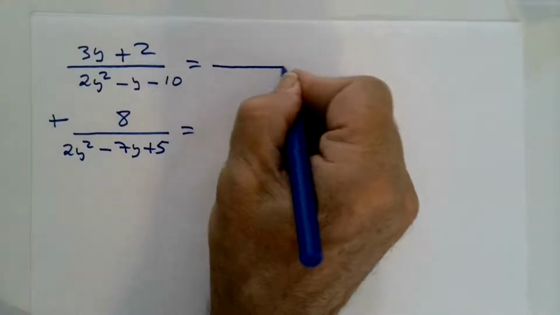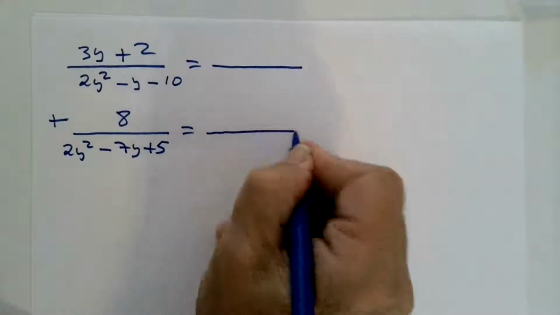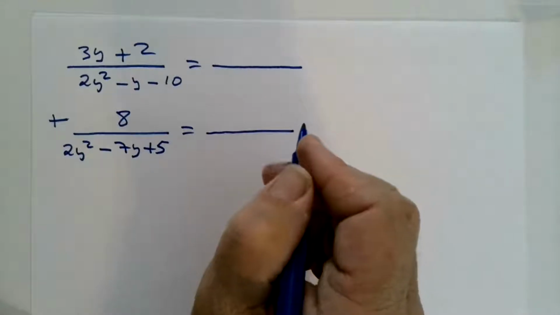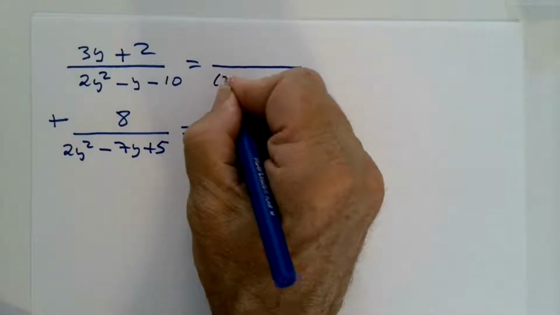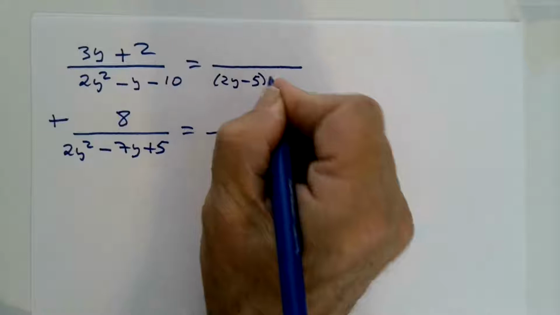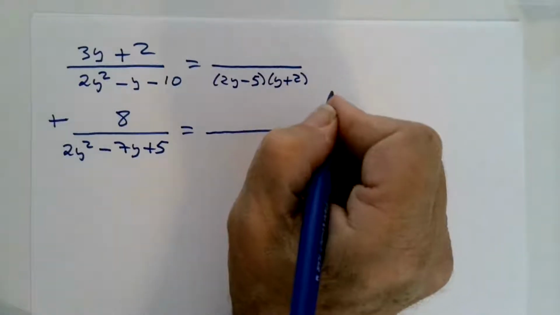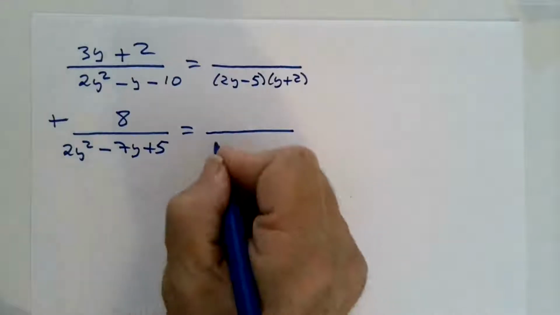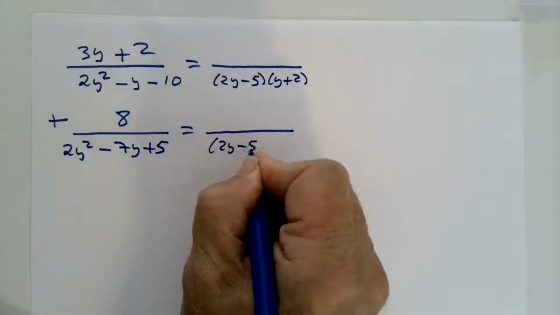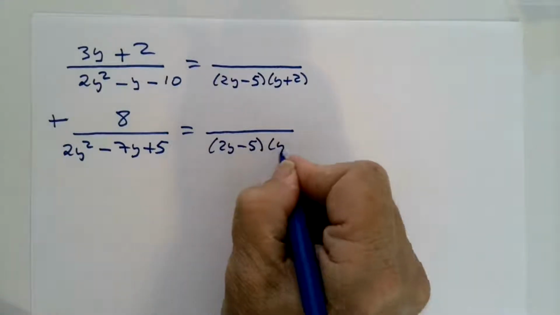Factoring the denominators, which we just did on the previous page, 2y squared minus y minus 10 was 2y minus 5 times y plus 2. And 2y squared minus 7y plus 5 was 2y minus 5 times y minus 1.